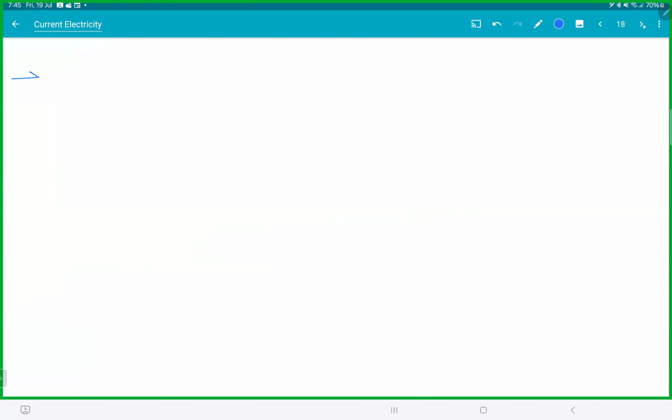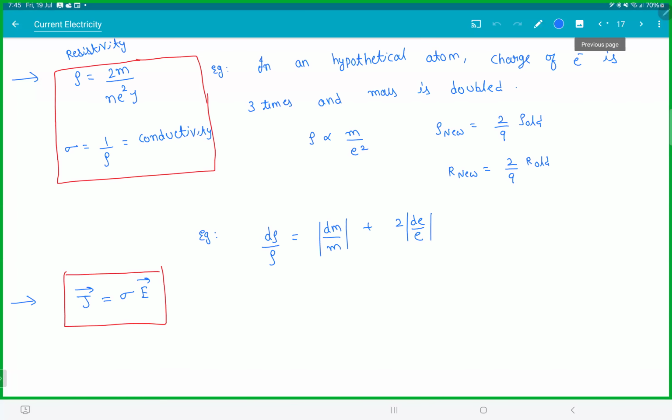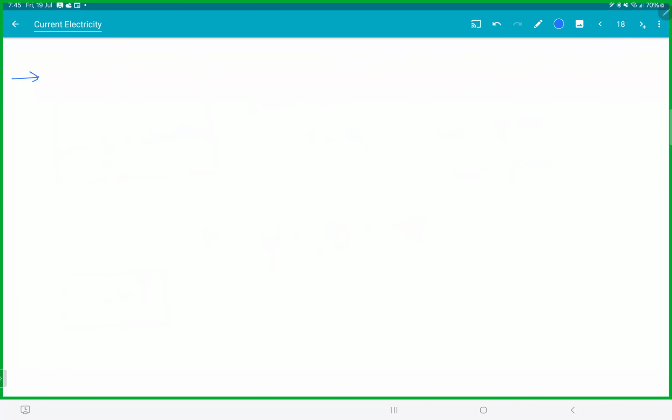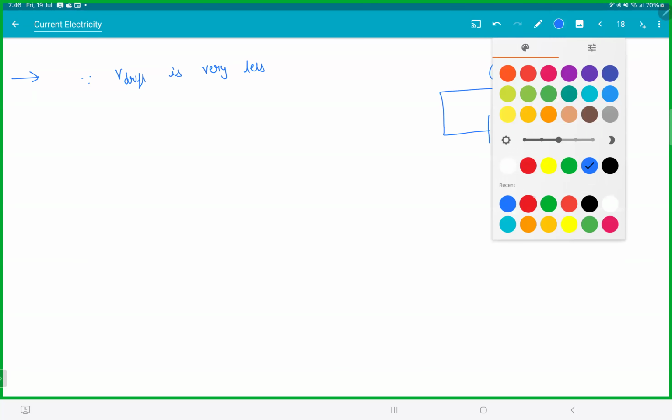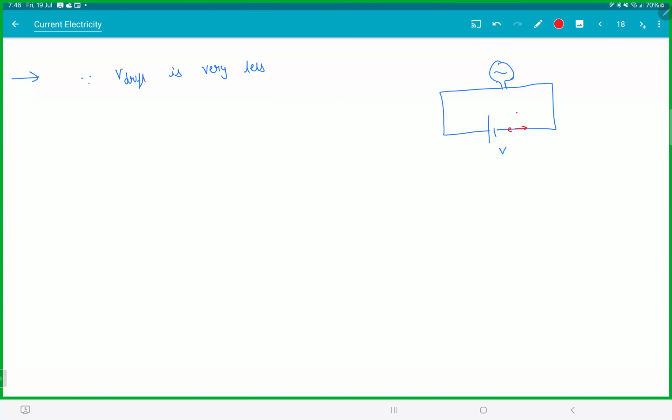First one is this. If V drift is very slow, and let's say we have a bulb here and a battery here, and you're saying these electrons are moving with like 1 centimeter per second, shouldn't there be a delay?